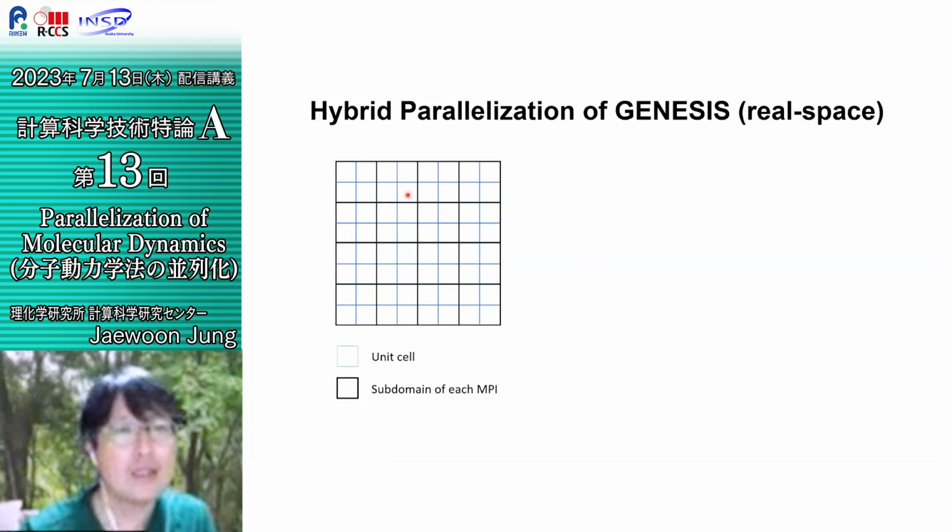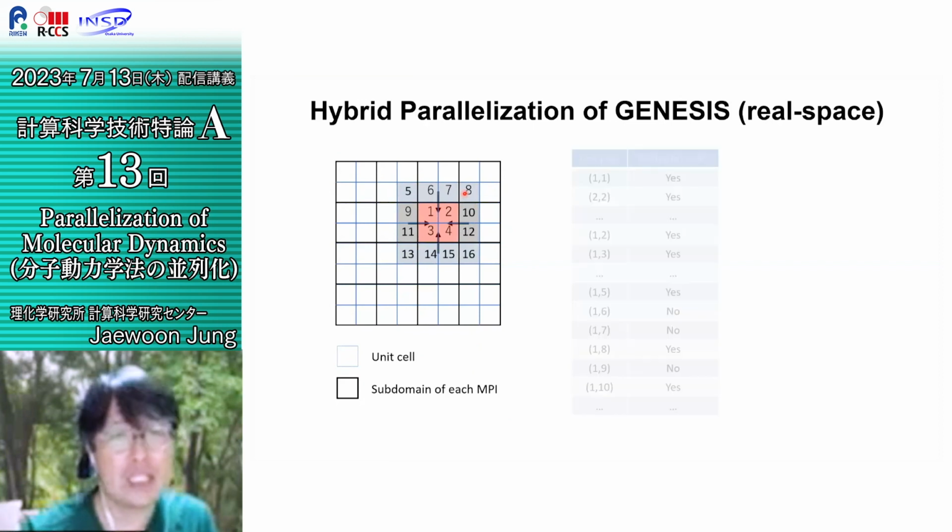Each subdomain has the data of this region, and during communication they also have the data of this region, and from the communication up and down, they also have the data of this region. Each processor makes use of this data, and then they can calculate by making cell indices.